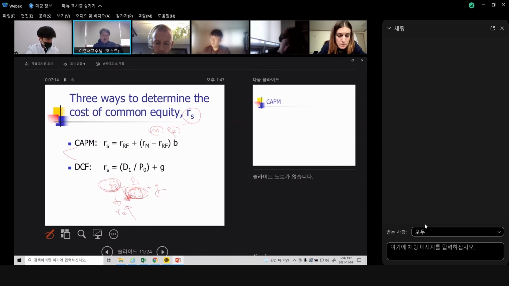So the denominator, P0, is decreased, then the figure, I mean the RS, is going to be increased. That's the reason why RE is higher than RS. Okay.